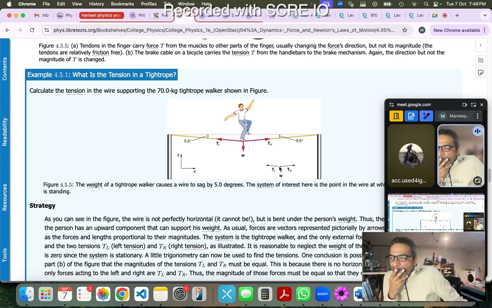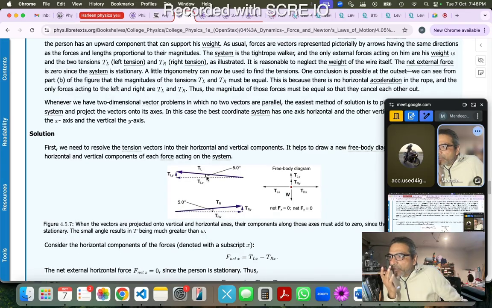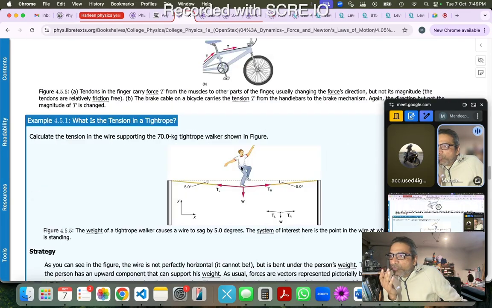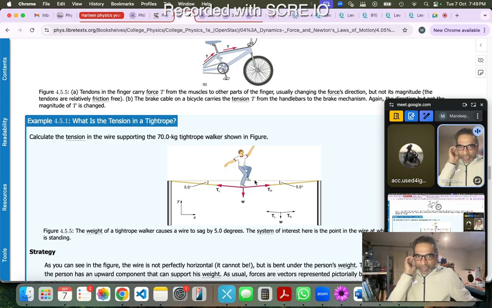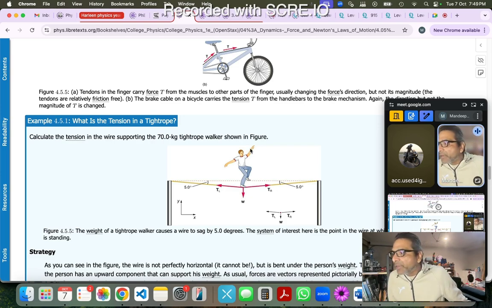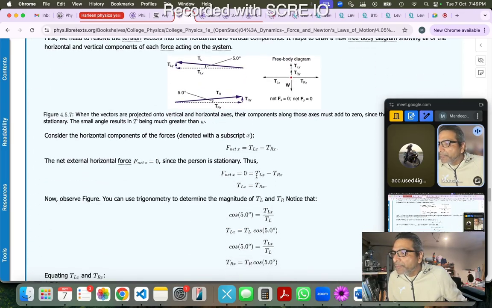Now there will be two forces acting: the tension left and the tension right. We will do this question just to give you a better understanding of tension, because in the examples I only have one, but this will be interesting. We will take this as an example and see how it goes.